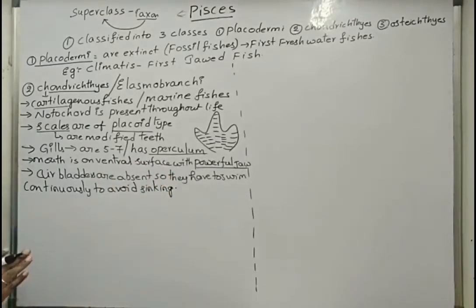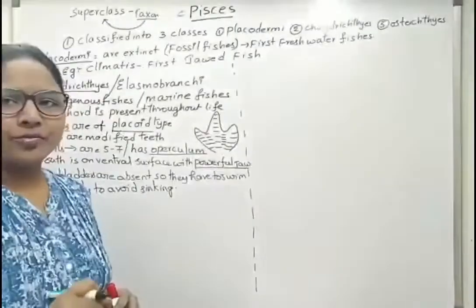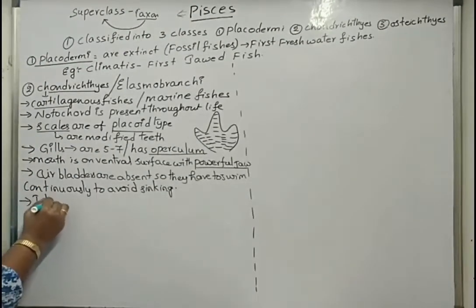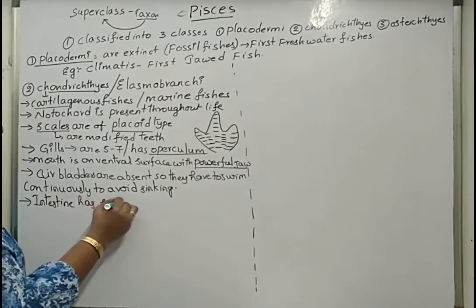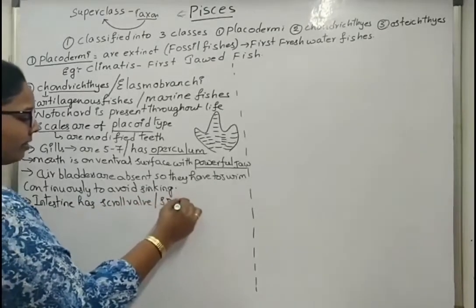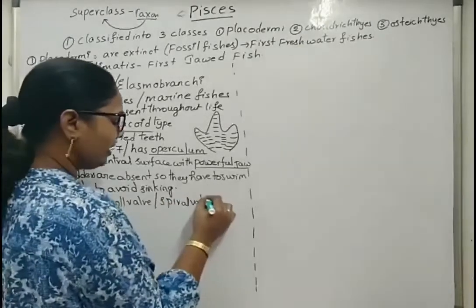They have, at the intestinal area, a special structure called scroll valve or spiral valve. What is the use of that structure? It increases the absorption area of the intestine. We can say it increases the surface area of the intestine.